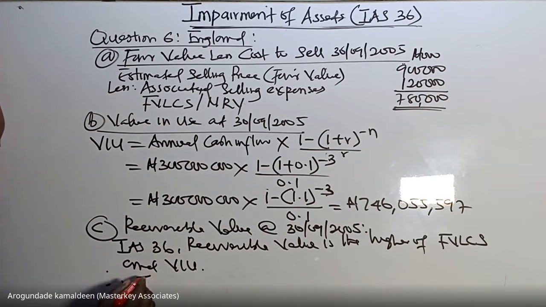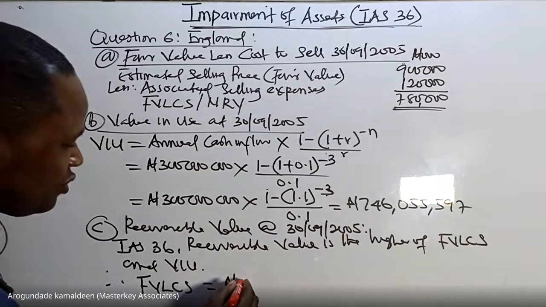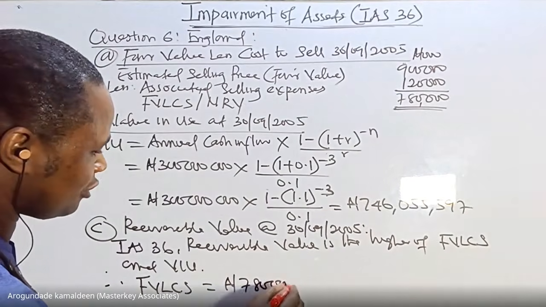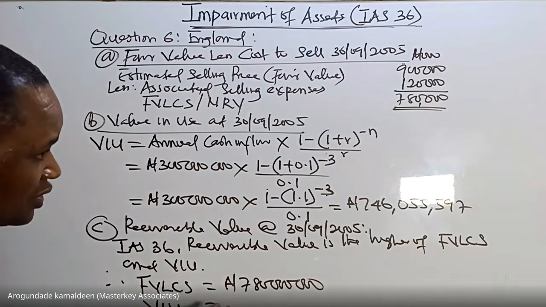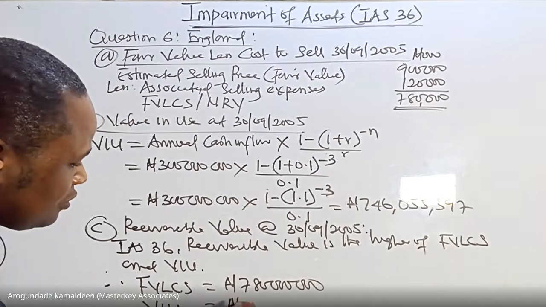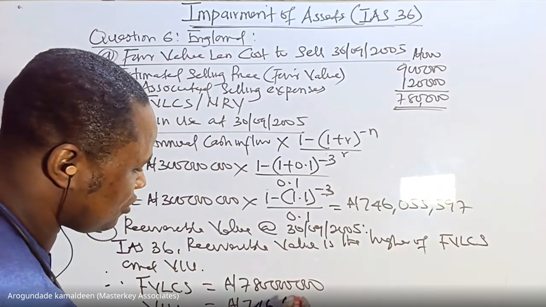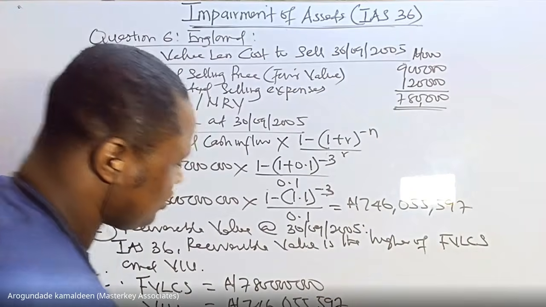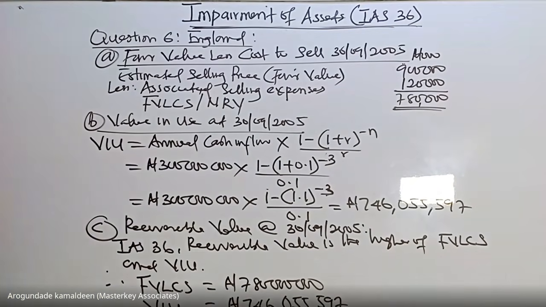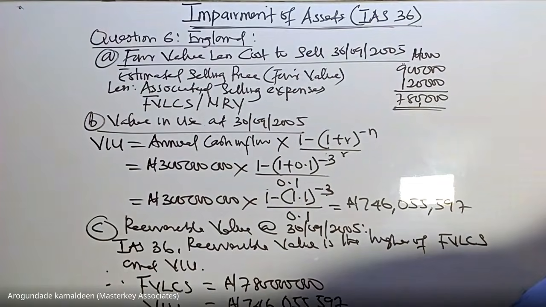Therefore, my fair value less cost to sell here is 780 million, and my value in use is 746,055.5. Class, which of these two is my recoverable value?